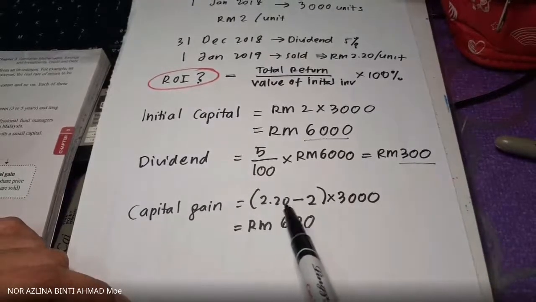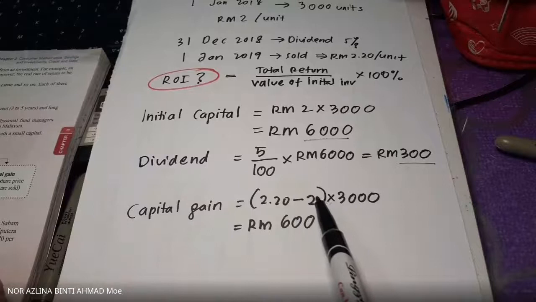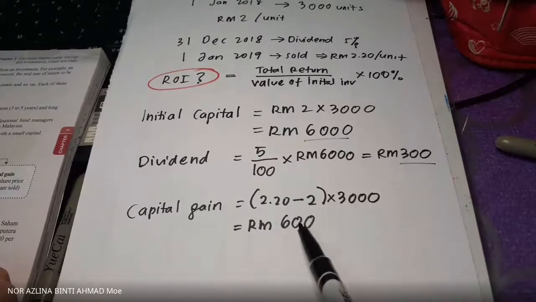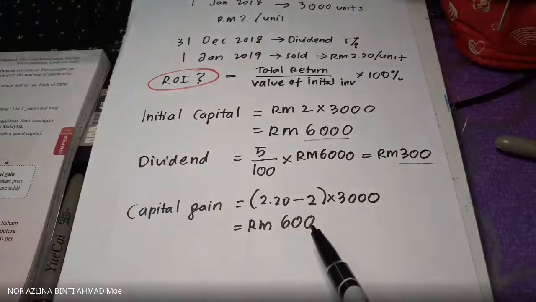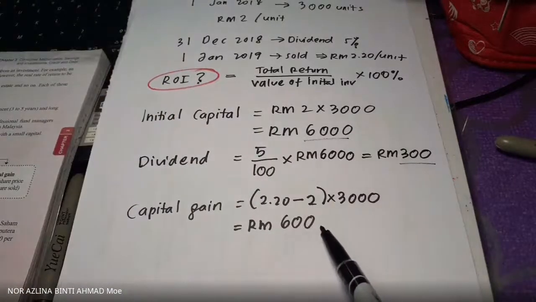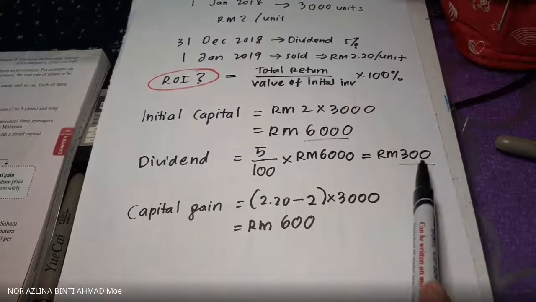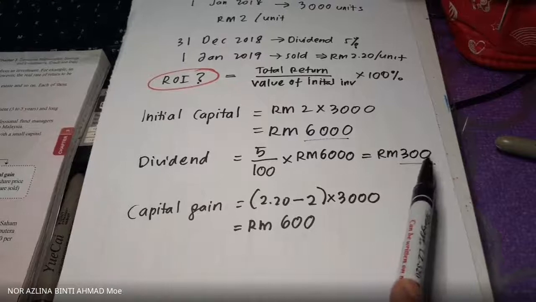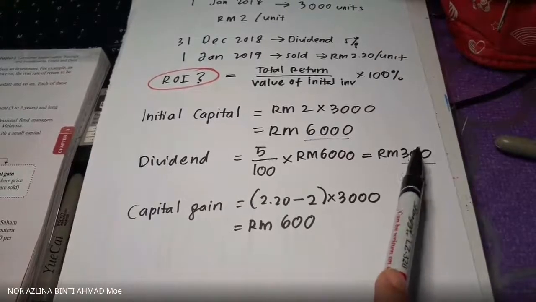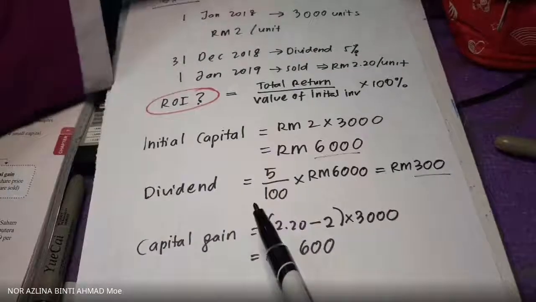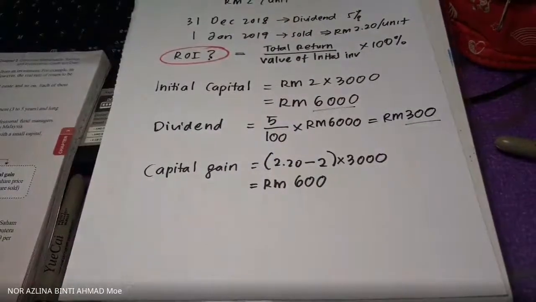So dia dah ada untung 20 sen untuk setiap satu unit. Jadi 3,000 darab dengan 20 sen dapat RM600. Okay, ini dah memang ada dah dalam akaun dia. Dividen ini dah memang ada dah. Dia dah dapat dah setahun pertama. Tahun berikutnya dia jual pula saham dia tu dengan untung RM600.